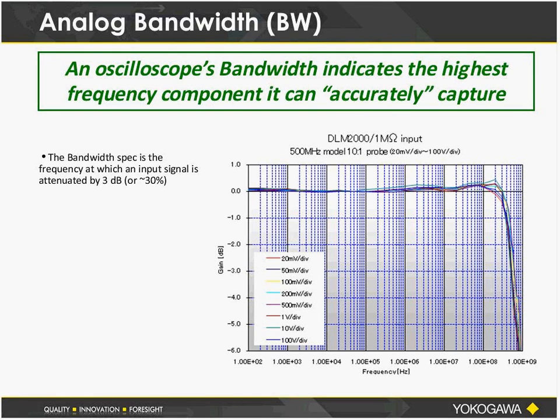So in other words, if you have a 500 megahertz bandwidth instrument, like what's shown in this graph, then around 500 megahertz, you would expect a 1 volt sine wave to have an amplitude of 0.7 volts or so.